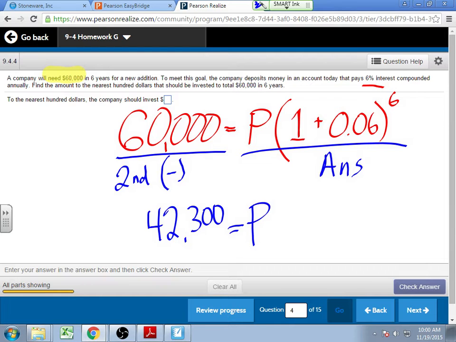You just divide the 60,000 by the numbers in front. That's what we did, but I wrote this so you could see in the calculator what you'd want to do. But it's not just the numbers in the parentheses, it's the numbers in the parentheses raised to the power. So really here we divided by that 1.418 blah, whatever it was. But you don't really want to write it all down and type it all back in.